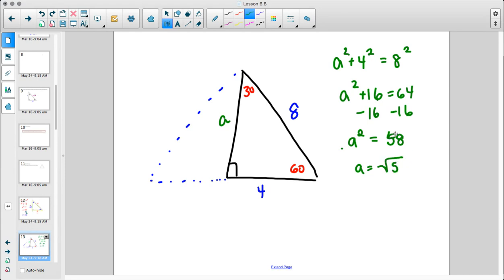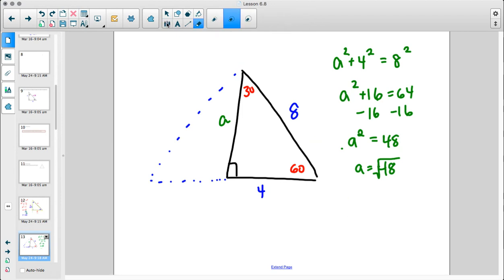Not 58, 48, sorry. And when we try to simplify this radical, okay, we can split it up if we want.